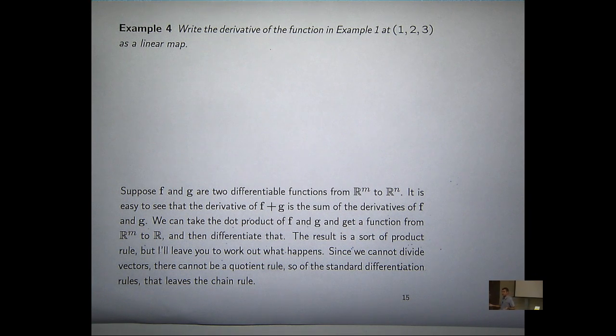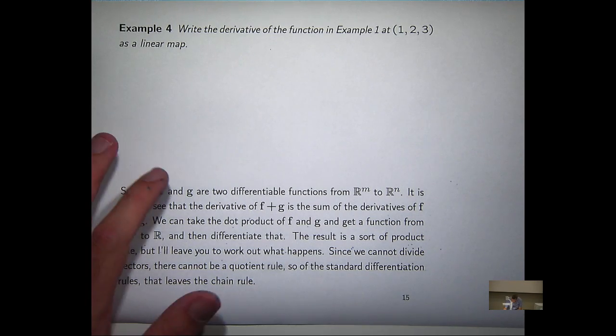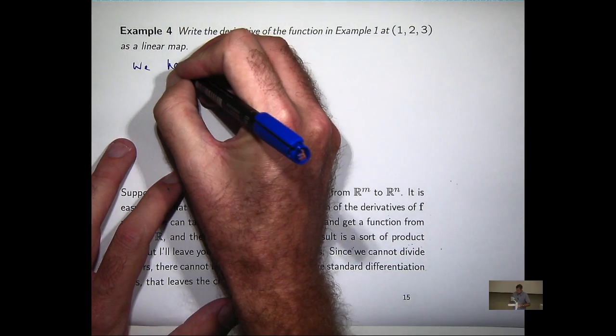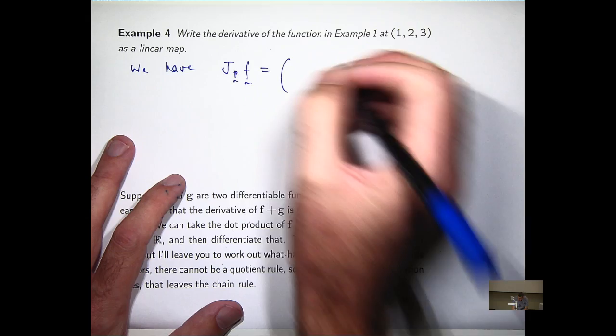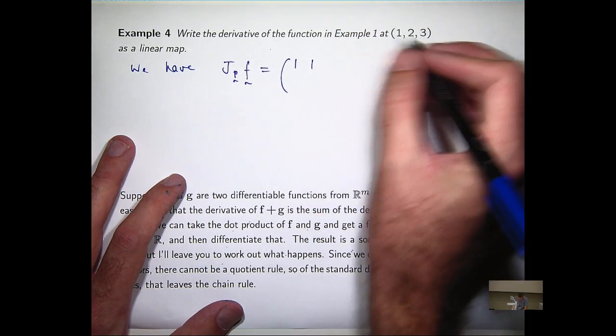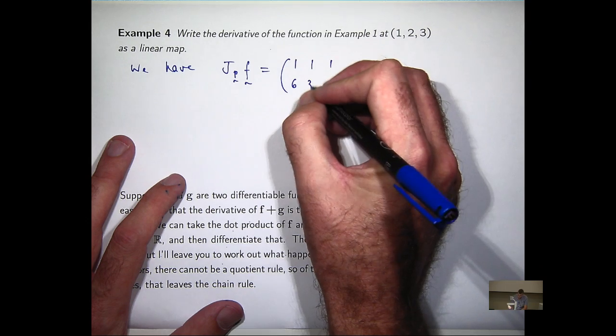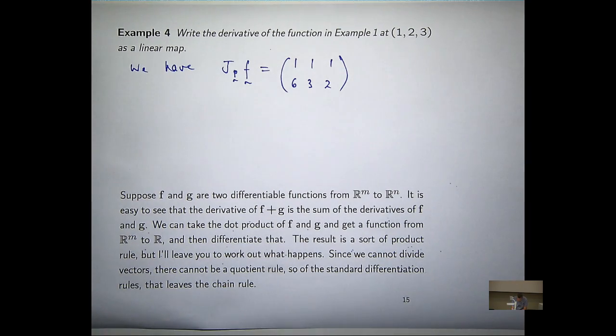Okay, last question, last example. Write the derivative of the function in example 1 as a linear map. Okay, so we calculated the Jacobian at the point of interest to be this. So how do we set up this linear map that we looked at a couple of slides ago? Well, it's just matrix multiplication with a vector.